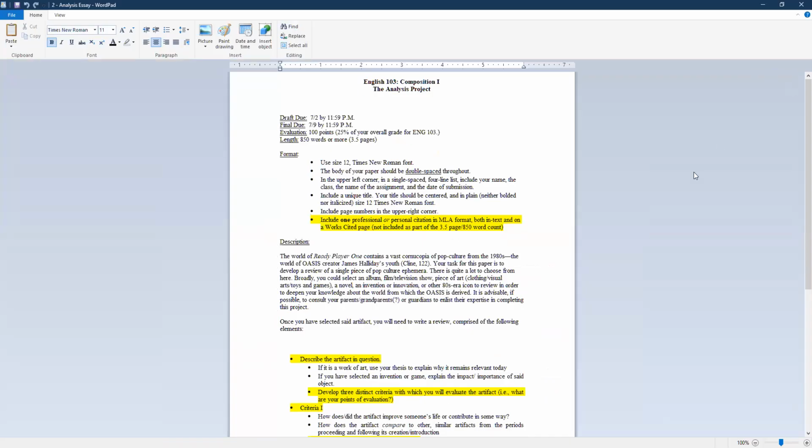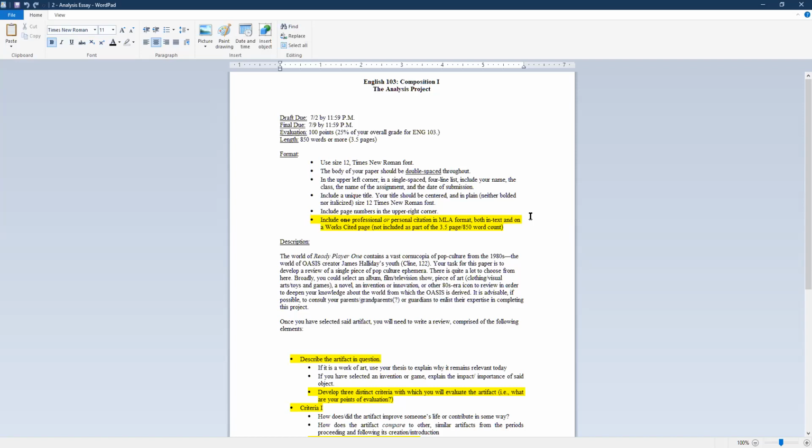Yes. Okay. So for this assignment, the analysis project, which will be the next one for our course, you can see that the format is about the same. Regular size fonts, regular MLA citations that we discussed in the video from Tuesday. The one difference here is that you need to find one professional or one personal citation that you can use for context for this particular assignment.